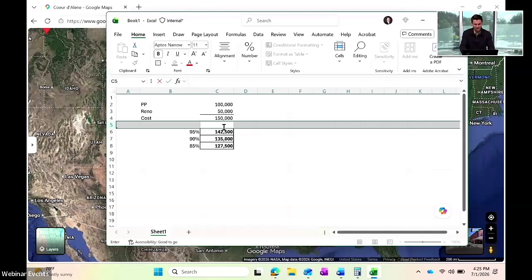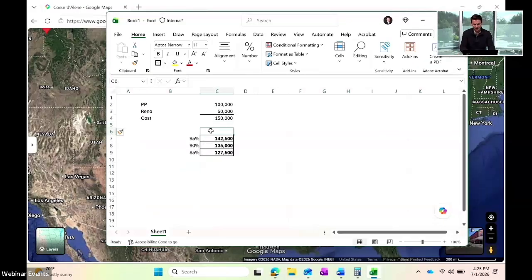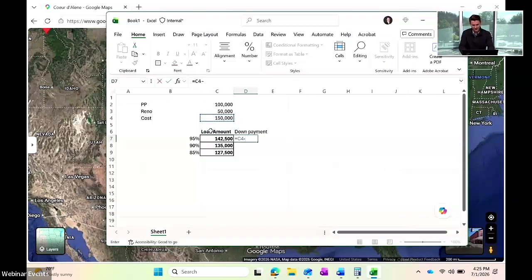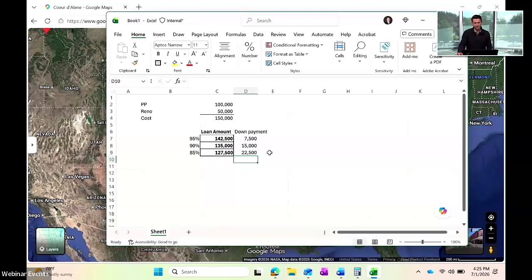So let me insert a line here: loan amount, down payment. We're going to subtract the loan amount from the total cost, and this is always going to be your down payment: total cost subtracted by loan amount. Oh, I did that one backwards, sorry. There we go. So I hope this is answering the question.